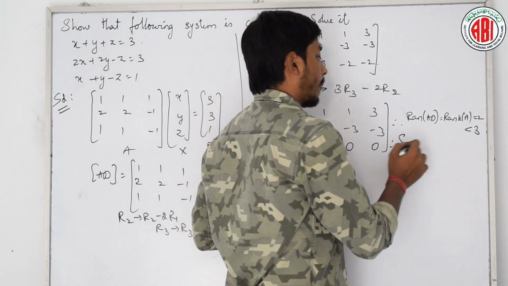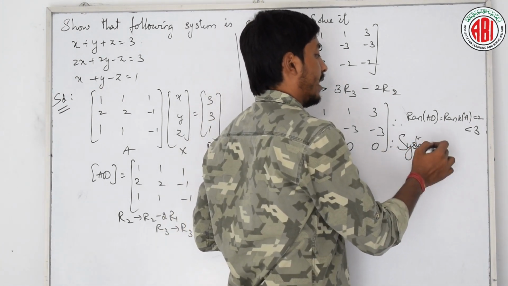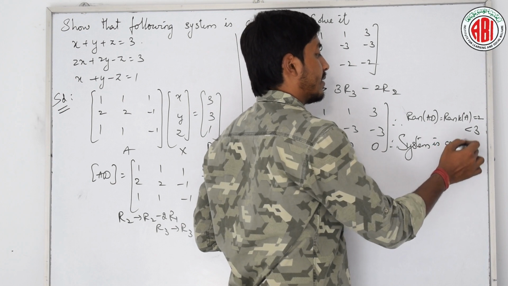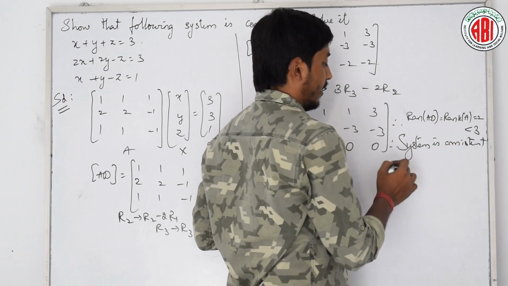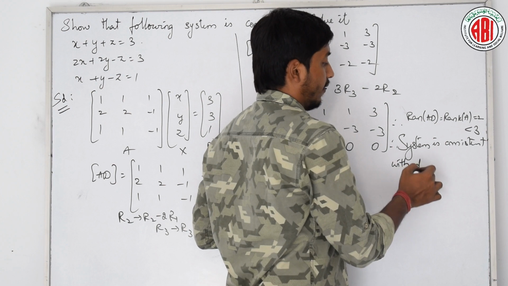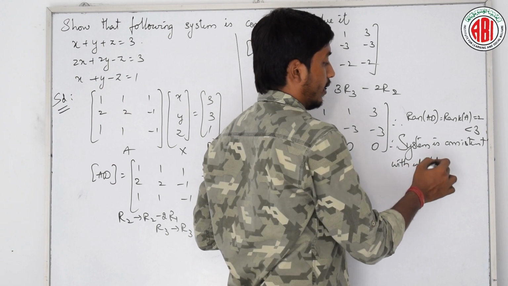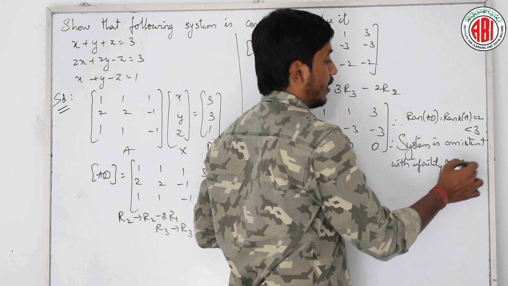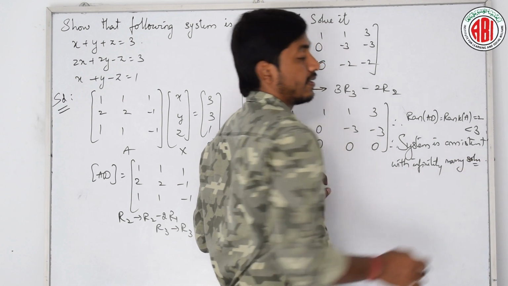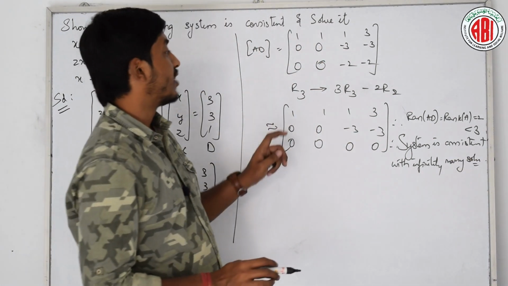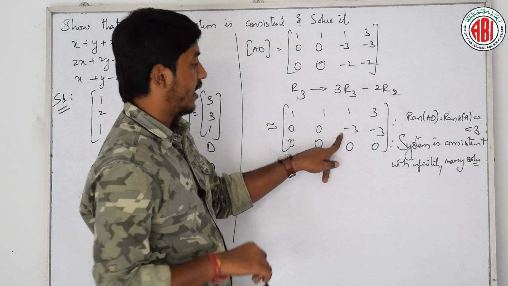Therefore, the system is consistent but with infinitely many solutions. Is it fine? Which means now we have to equate it.